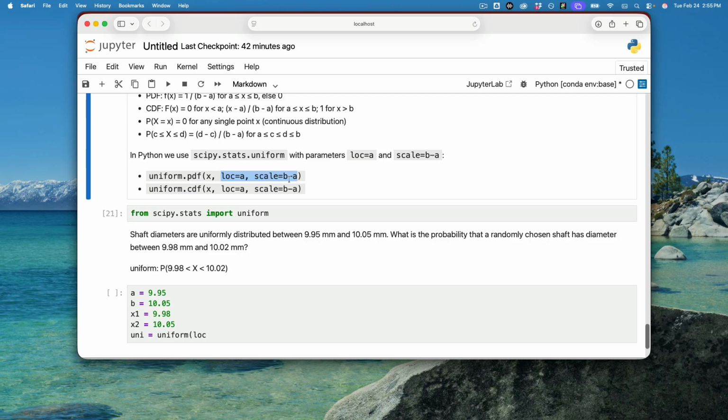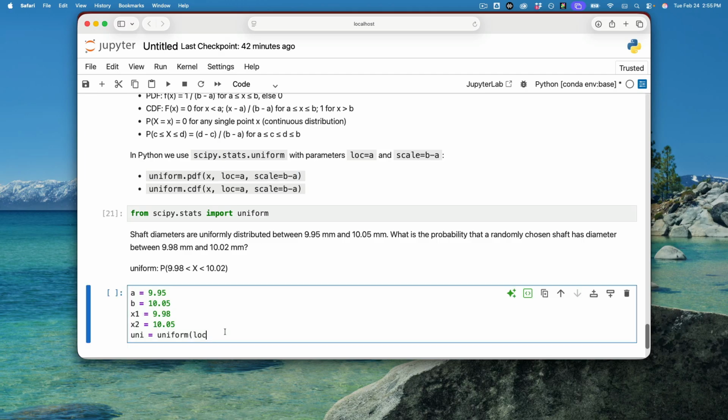We didn't discuss this in class because we had the analytical formula, but this is how you do it in Python. In Google Sheets, it might have its own different way of defining the uniform distribution, or in your calculator, if at all available. In Python, it is available, but that's how you define it. You give it location and scale. So instead of having to put location and scale every time, I'm just going to define it once.